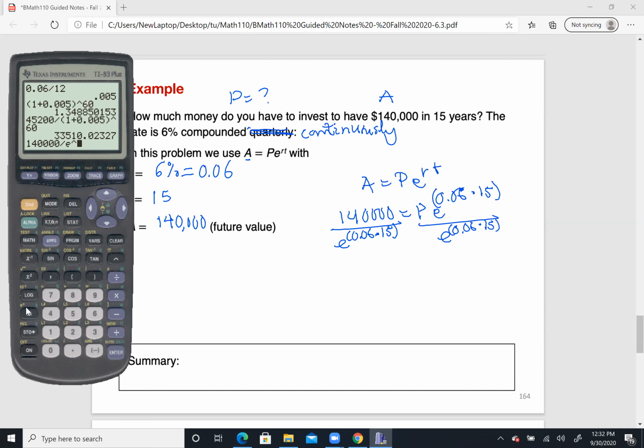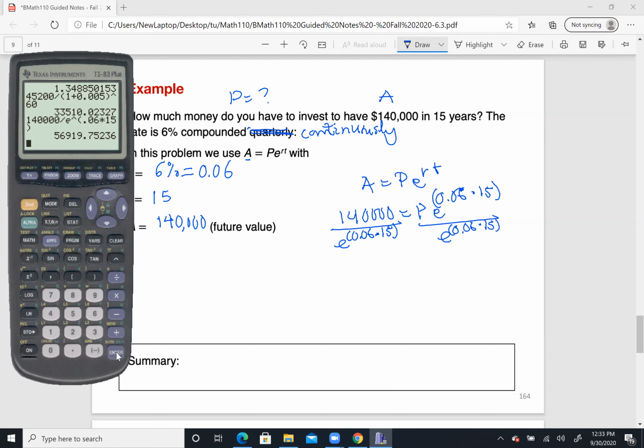You can use this e to the power x here, that doesn't matter, it's the same thing. Okay, so e to the power, parentheses, 0.06 times 15, enter. Then that's gonna be the left hand side.